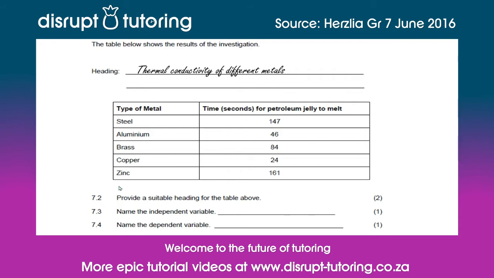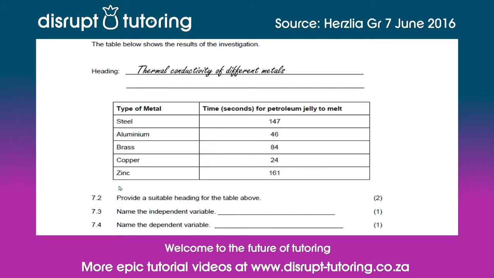The independent variable is the one that is changed or manipulated in the experiments. The dependent variable is the one that you measure or observe to see what changes occur based or depending on the independent variable. And the controlled variable, which may also be known as the fixed variable, is the one that is kept constant throughout the experiment.